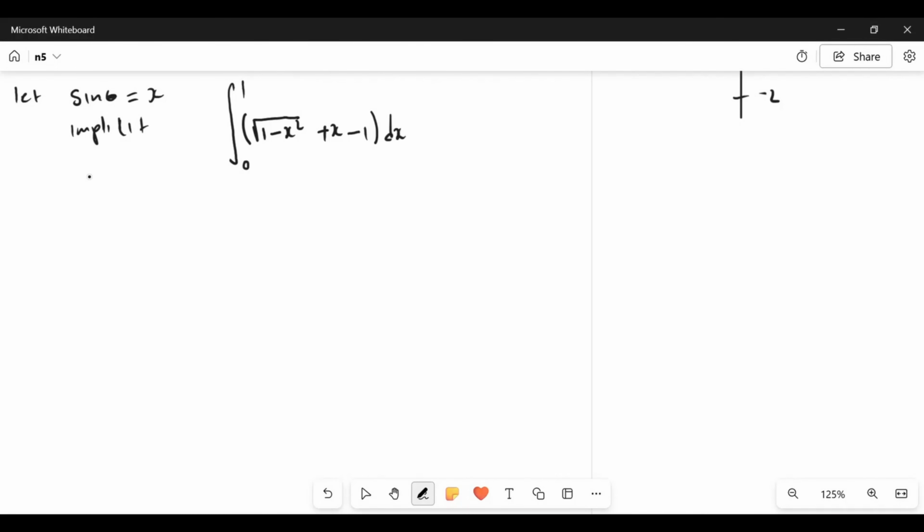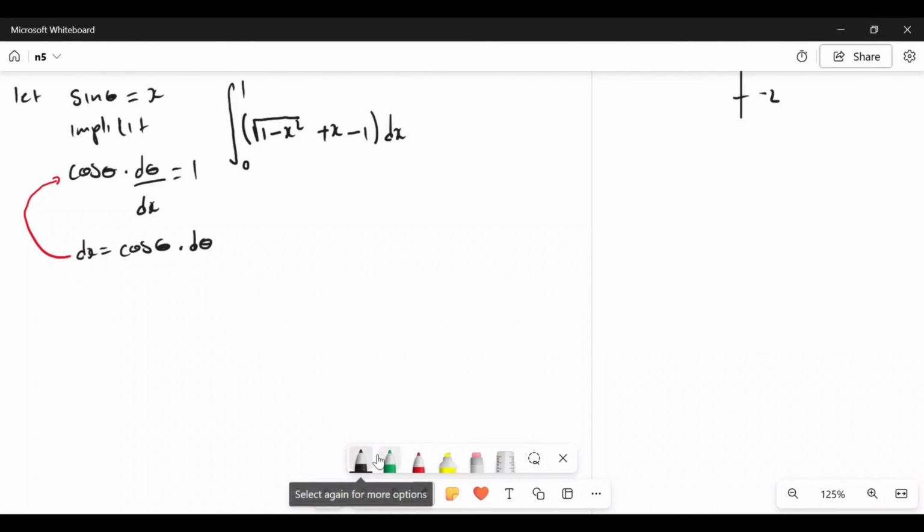If we derive sine theta, this is going to be cos theta. Since we are doing implicit, this is multiplied by d theta over dx. And the derivative of x is going to be 1. If we make dx the subject of the formula, dx equals, cross multiplying, cos theta multiplied by d theta.